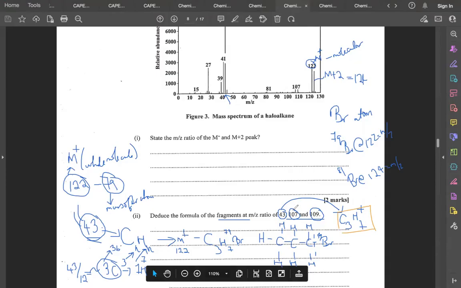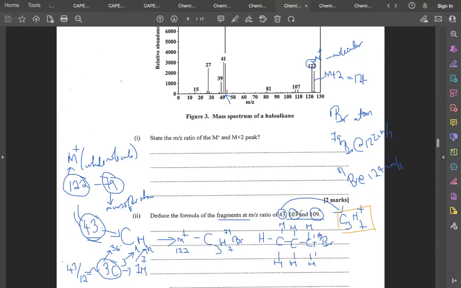So let's look at the 107. How could we fragment this molecule to get an m/z ratio of 107? Well, if it's 107, we're going to have to have our bromine in there at some level and break off something else.